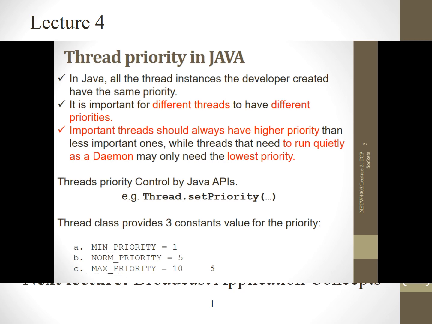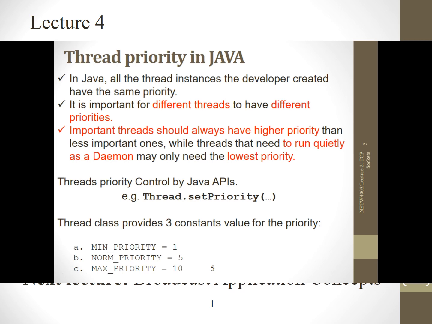So if we want a thread or instance to run quietly in the background, we will set the thread priority as 1. When this constant value 1 is set, this will keep the priority of the thread as minimum priority.